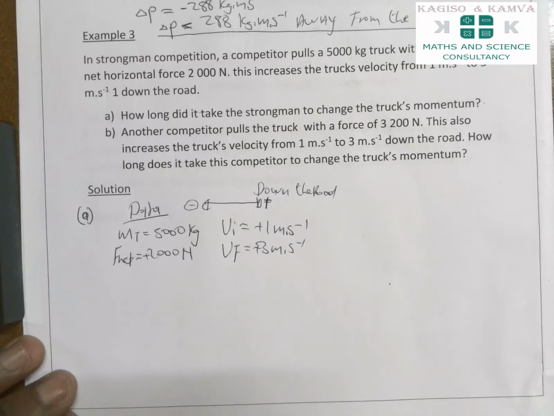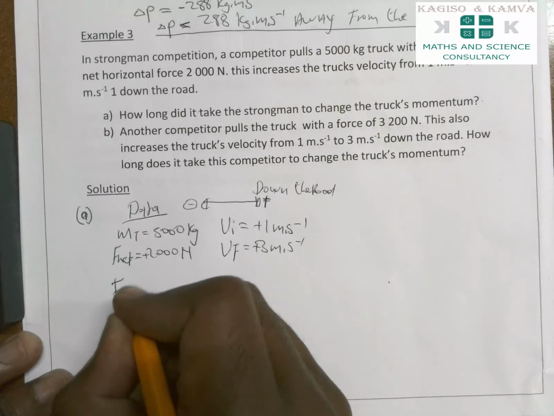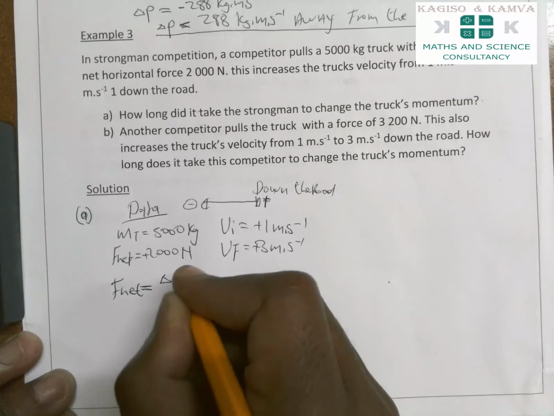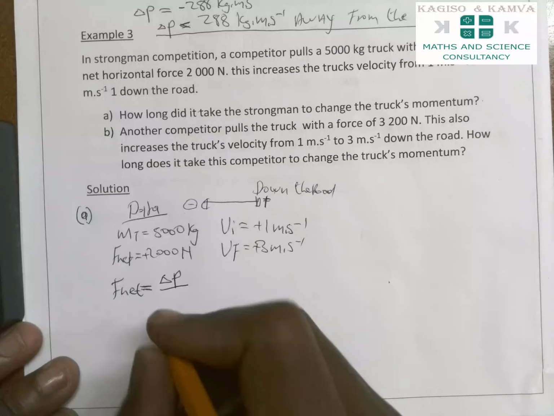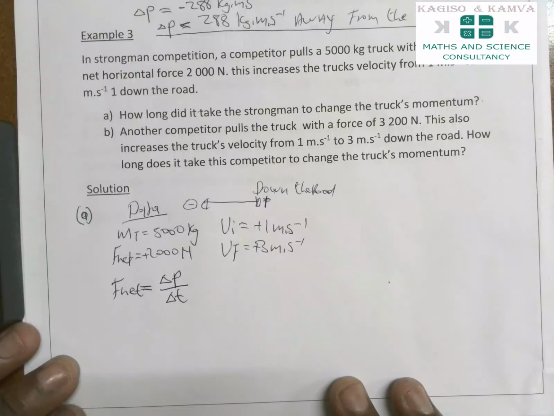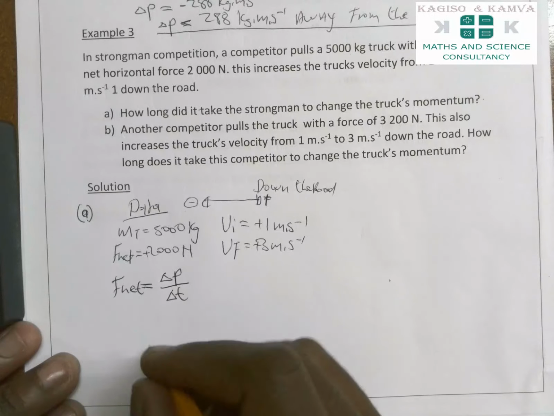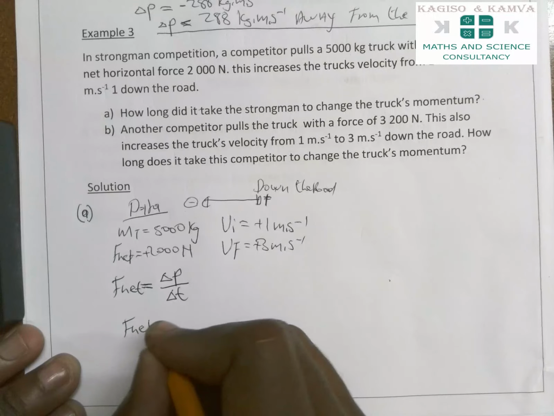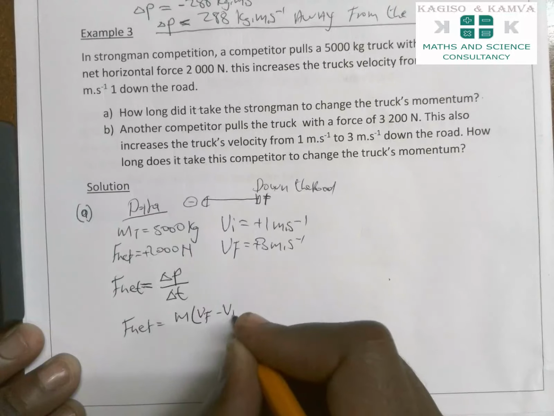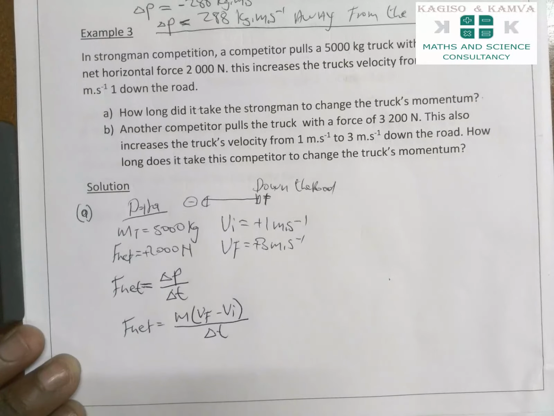Now, answering this, we can say F net is equal to the change in momentum over change in time. But we know that the change in momentum is also m into Vf minus Vi, over the change in time.